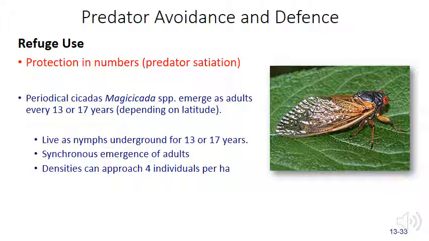So you get densities of up to 4 million individuals per hectare. Obviously many predatory species like to come and pick off these cicadas, but there are enough of them that many of them will survive despite these high levels of predation, and that's enough for them to breed and create the next generation of these insects.